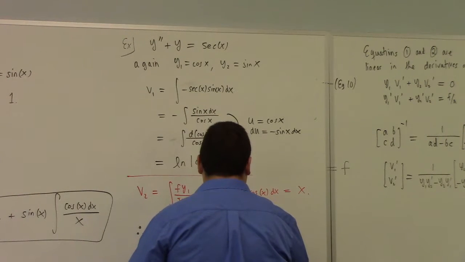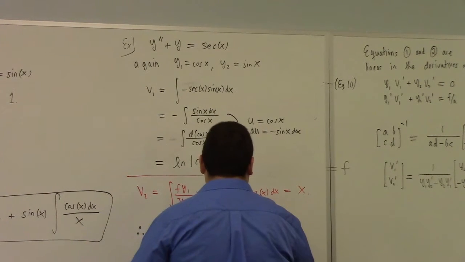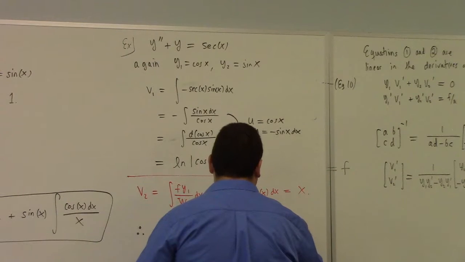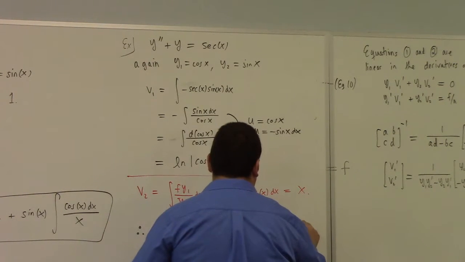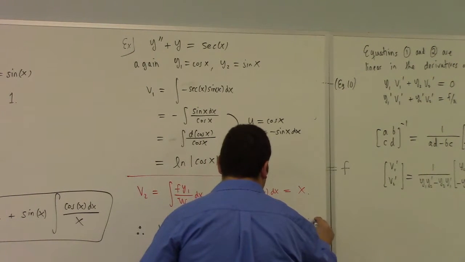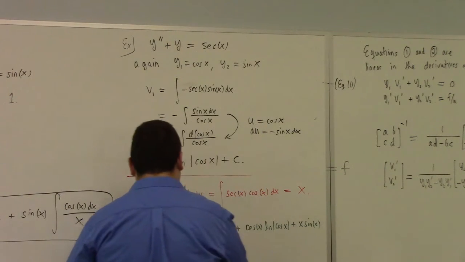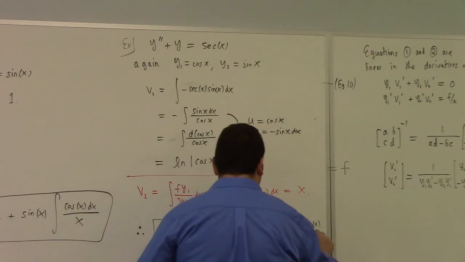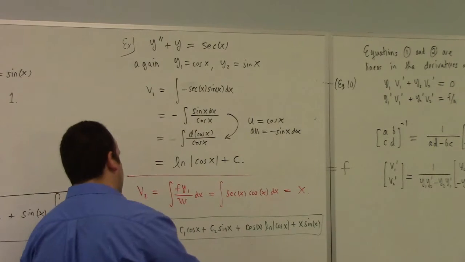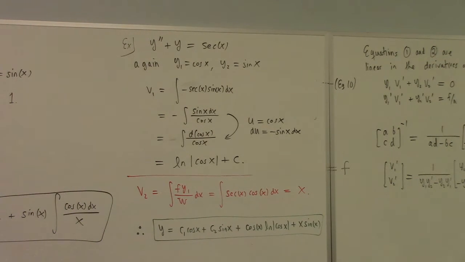Yeah, cosine x times the natural log of the absolute value of cosine x, plus x sine x is your solution. Of course, the last two terms are the particular solution, and I just included the homogeneous solution there. Again, referring to the theorem that we keep referencing about the general solution set being formed by a sum of the fundamental solutions and a particular solution, however you happen to find it.